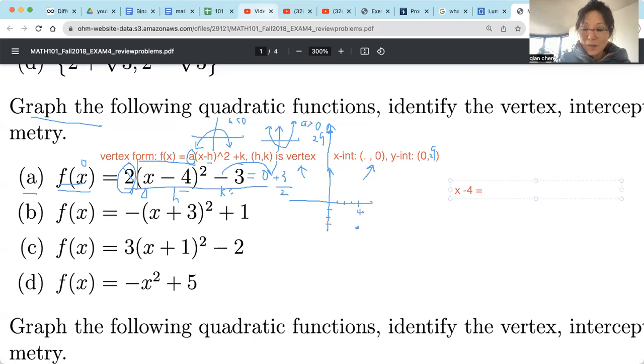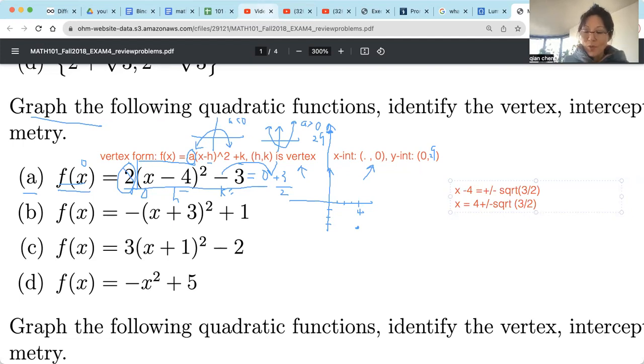equals plus or minus, 2 values, of the square root of 3/2. Allow me to write the square root as SQRT, otherwise I have to constantly change between pencil and typing. Then I move -4 to the other side, it becomes +4. So I have 4 plus or minus the square root of 3/2.